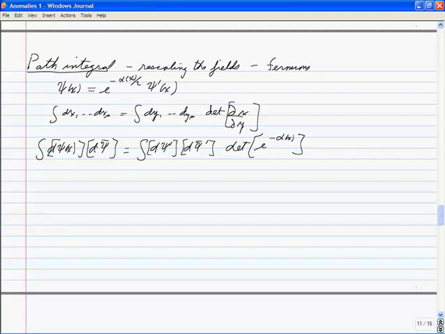Now, what we almost always do is say, well, that's just a number. The number doesn't make any influence on the path integral, so we just shove it away and make the change of variable.